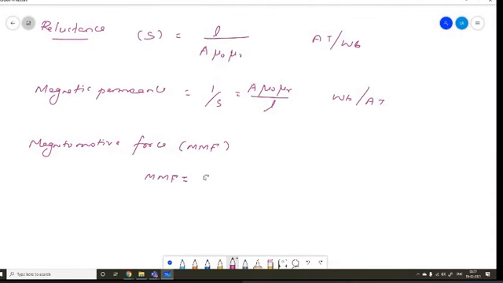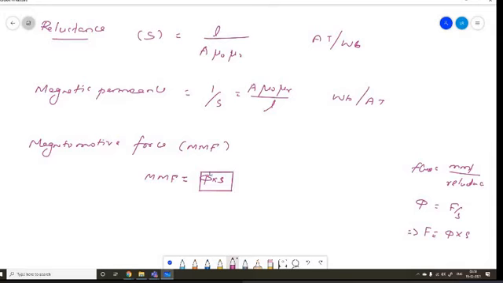We expressed Ohm's law for magnetic circuit. That Ohm's law was nothing but flux is equal to MMF divided by reluctance. So MMF is equal to phi into S. This is one relation that you must be aware of.